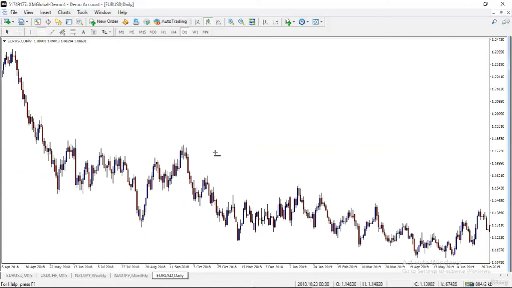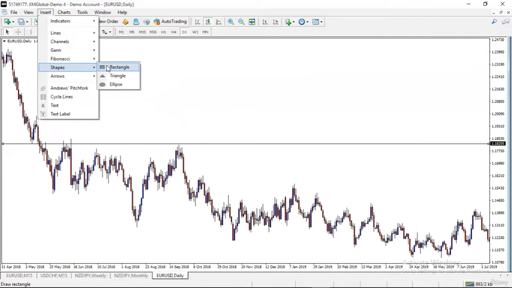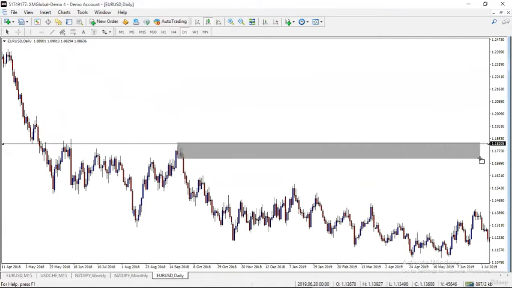This is another resistance. It doesn't reach. It didn't pull back for a retest. But if you mark like this, I'm sure there's another one. Say you have this, you can see it didn't go back for a retest.